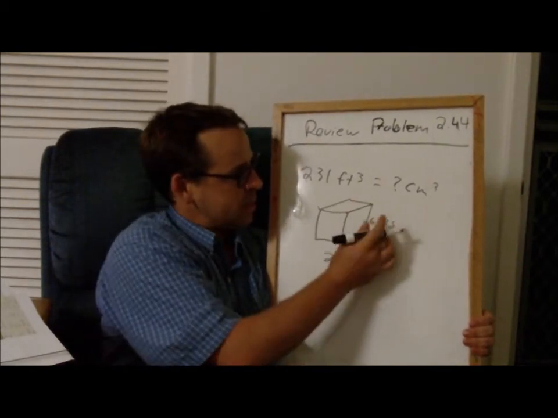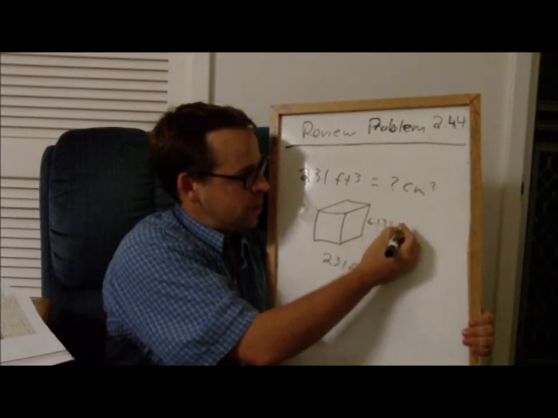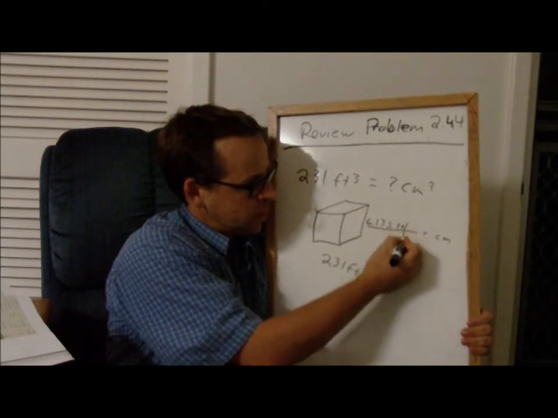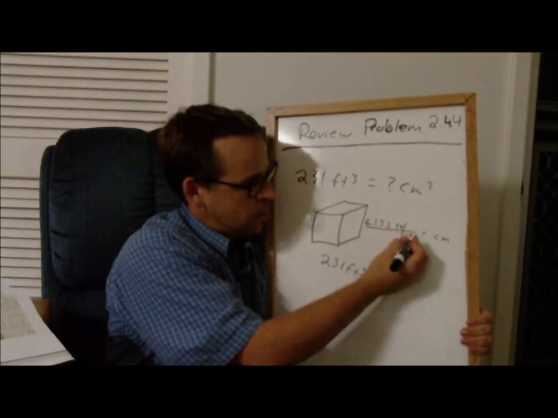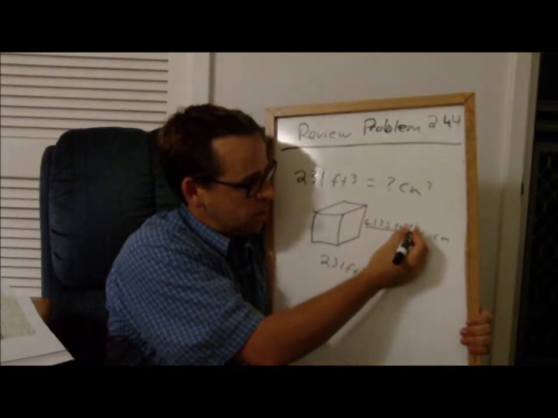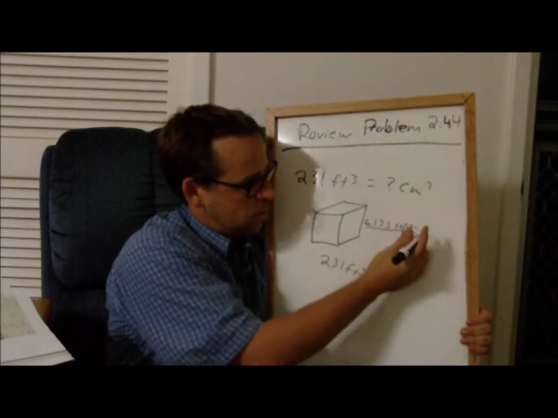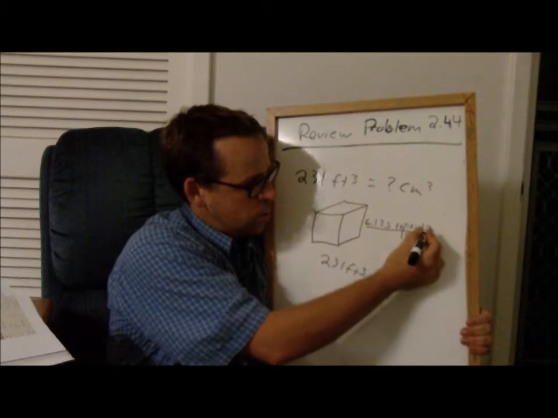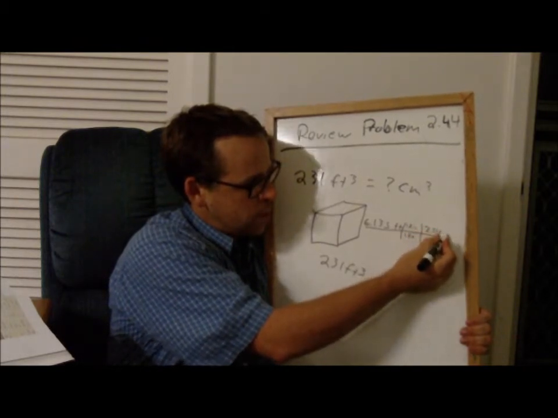Now if I convert that 6.135, it's in feet, convert it to centimeters. There's 1 foot, 12 inches. 1 inch, 2.54 centimeters.